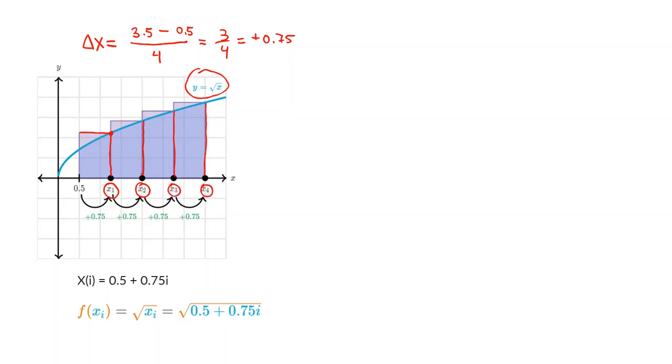It's the right Riemann sum. So we can then express xi equal to 0.5 plus 0.75, which is delta x, times i, and then f(xi) is obtained by inserting this term into this equation, and we get this expression.